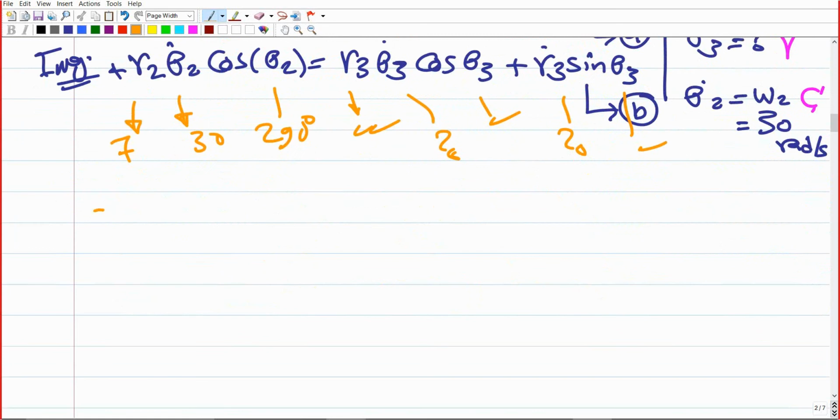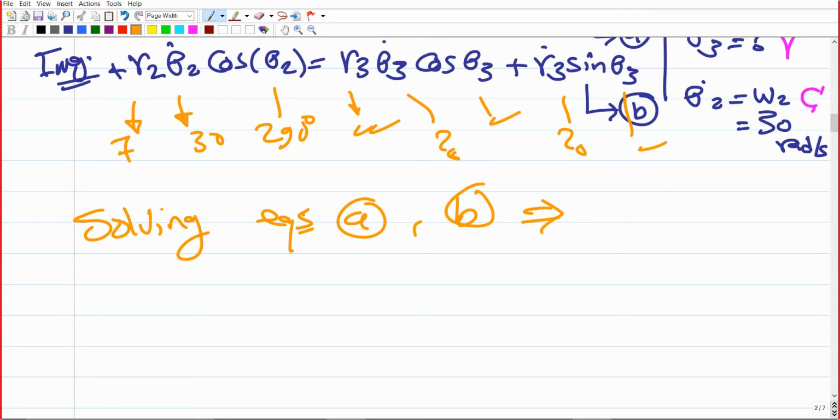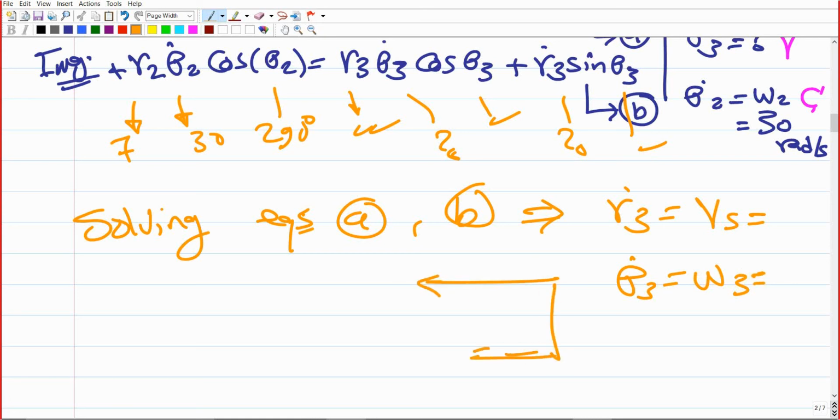So solving equations A and B, we shall find the value for R3 dot. You should understand that this R3 dot is the sliding velocity of the slider, and theta 3 dot, which we are going to get, should be omega 3. There are two possibilities here, positive and negative.